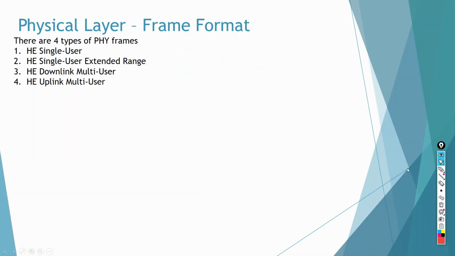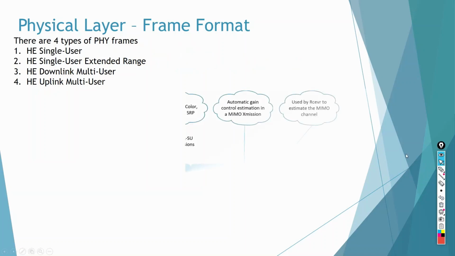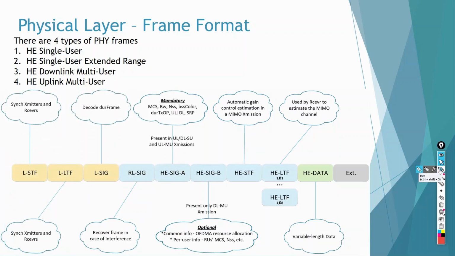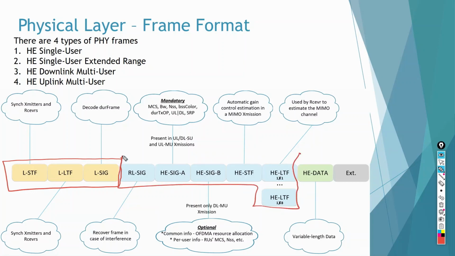Okay, let's have a quick look at the frame format. According to the coloring scheme that I used here, the orange part of the format has fields that refer to the legacy part of the preamble or the PHY header, whereas the blue part refers to the 11AX or HE part of the transmissions.